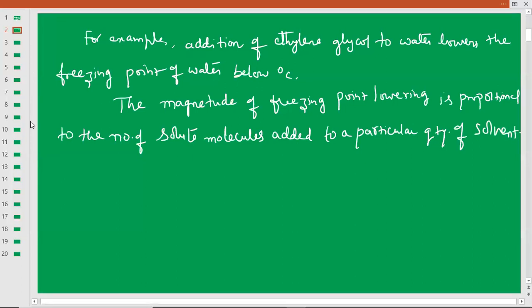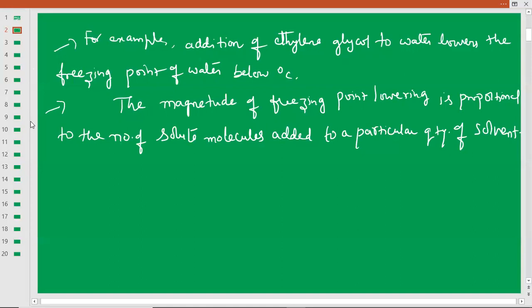So from these two points, what we understand is that when we add ethylene glycol to water, lowering of the freezing point will be noticed for water. This happens depending on the number of solute particles added to the solvent.